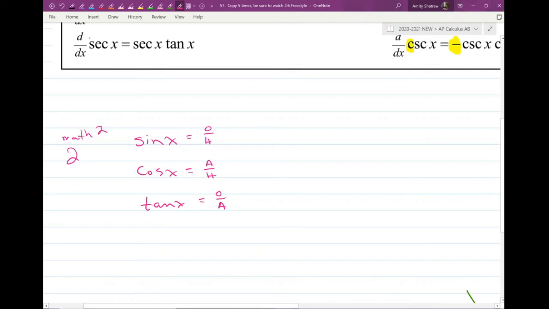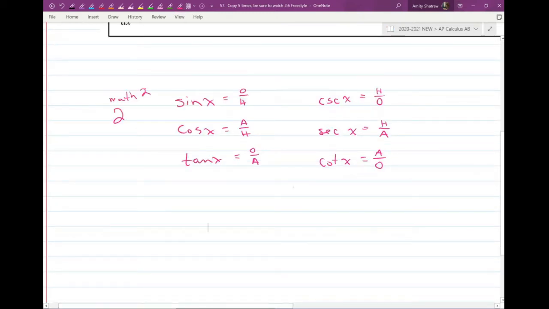Now, if we were in math 3 together, I would have also taught you that cosecant of x is hypotenuse over opposite, which is the reciprocal of sine, and that secant of x is hypotenuse over adjacent, which is the reciprocal of cosine, and that cotangent of x is adjacent over opposite, which is the reciprocal of tangent of x. Now this helps us when we move on to learning about pre-calculus, and we want to remember these reciprocal identities.